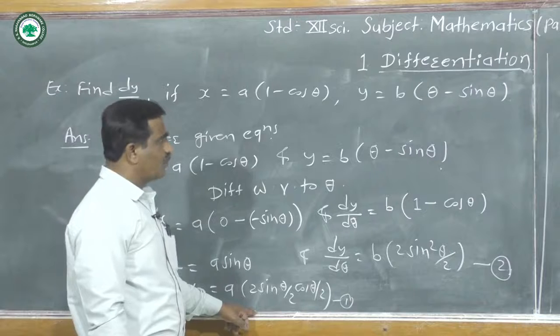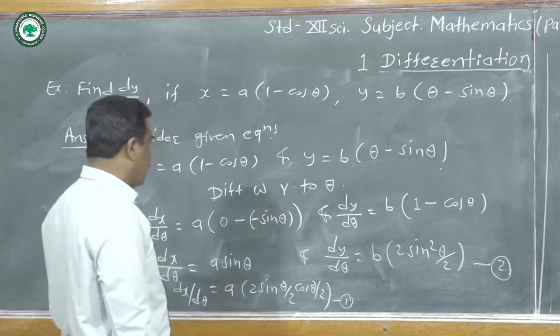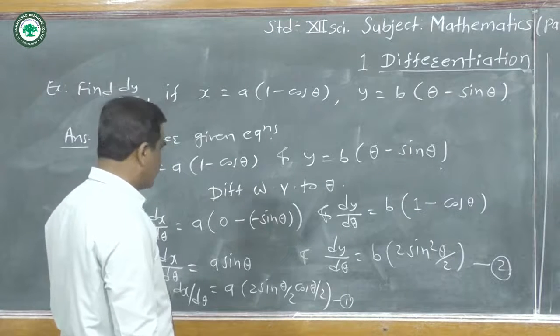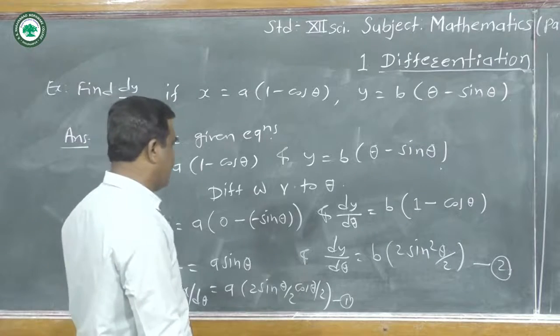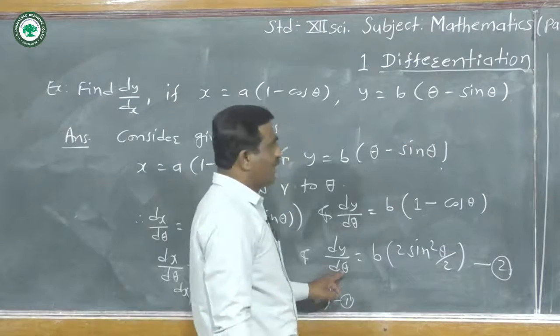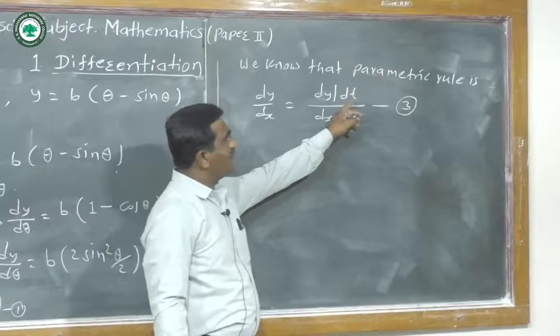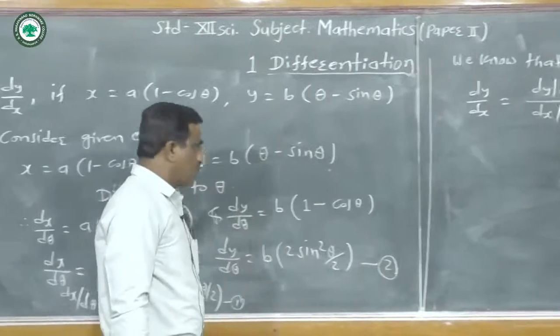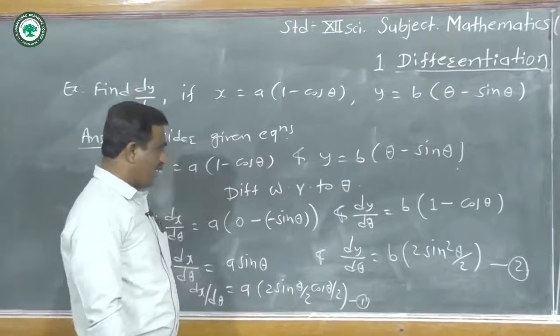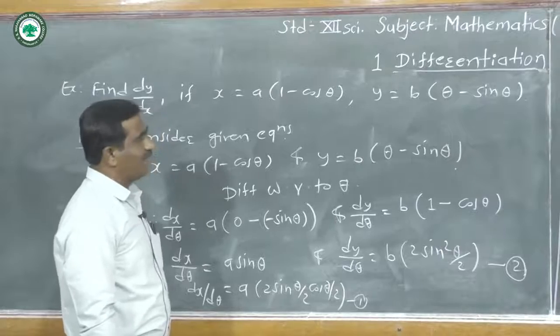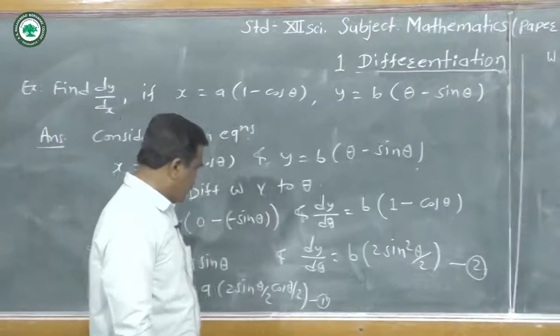That is value of dy upon d theta, which is dy by dt. Now here variable is theta and in the formula variable is t. Therefore put values of dy by d theta and dx by d theta in equation third.